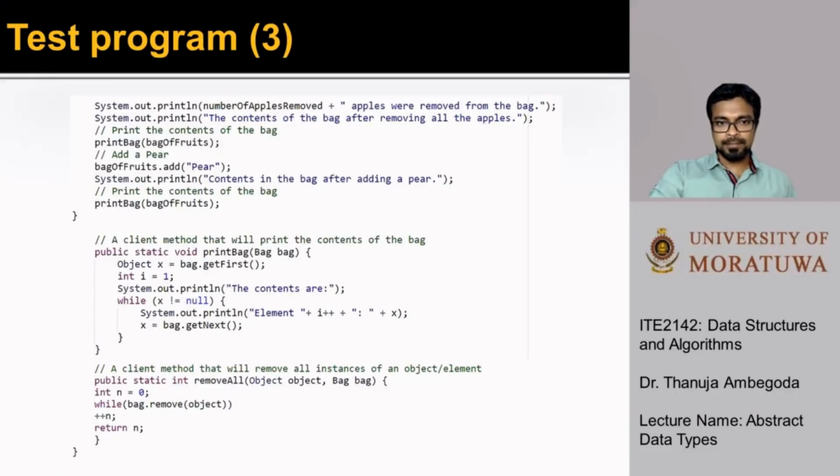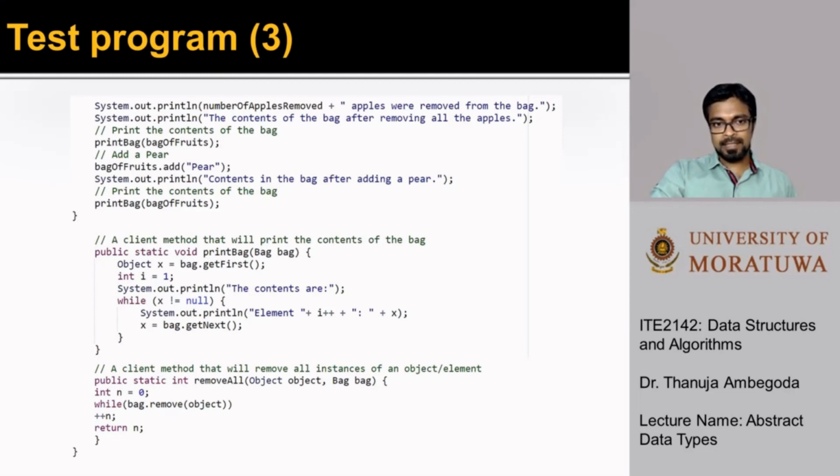First, let's look at printBag, the method we use to print the contents of the bag. The input is the bag, then you get the first object using getFirst. We assign the first element to the object variable x.